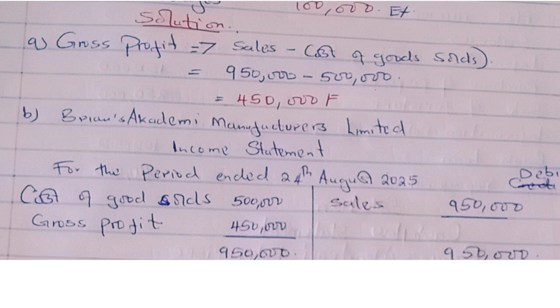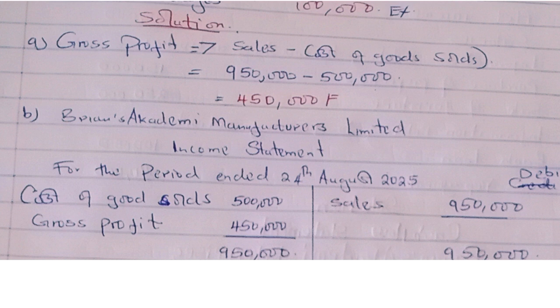So we take 500,000 plus 450,000, we get 950,000. Remember, it's still the same as the one that we had there under the sales. So that's what you do.